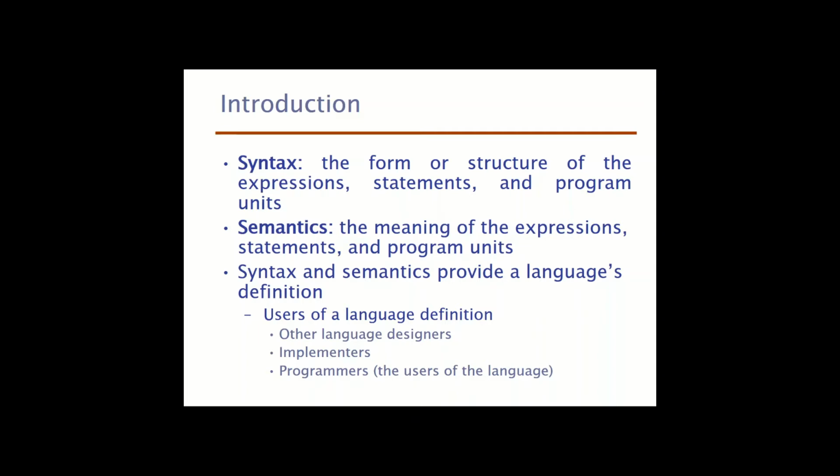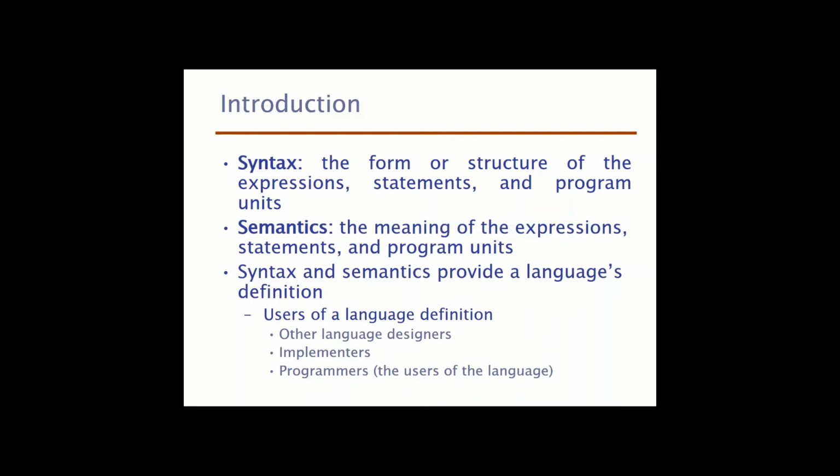So this is the first important concept we have in defining programming language, and it is very relevant to the grammar in natural language. The way we are supposed to compose a correct or valid structure. With semantics, we set the meaning of the expressions or statements or programming unit.